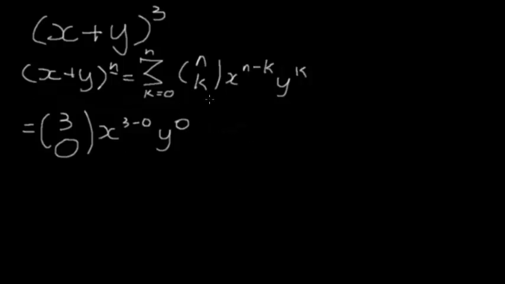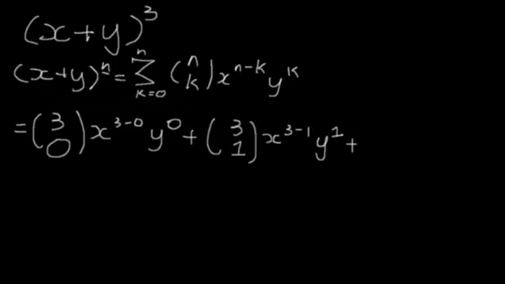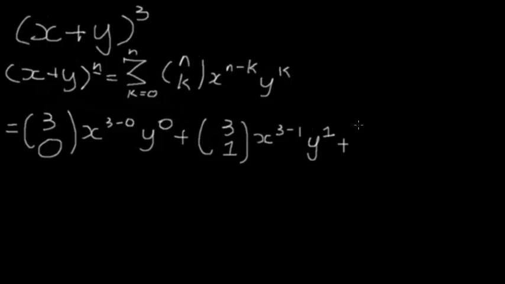Then we can just do this sum, so that means we add them together. So this is 3 choose 1, because k is 1, x to the power of 3 minus 1, and y to the power of 1, because k is 1. And then we have, okay, this will be long, 3 choose 2, x to the power of 3 minus 2, and y to the power of 2.